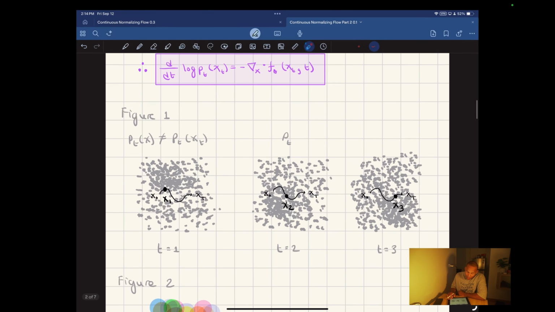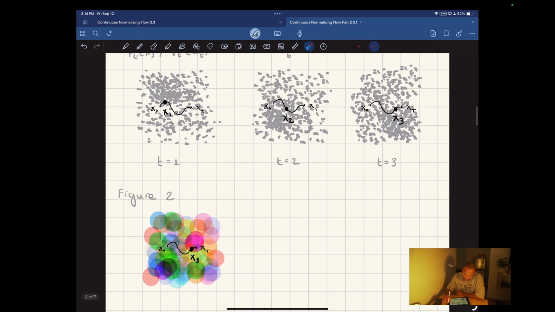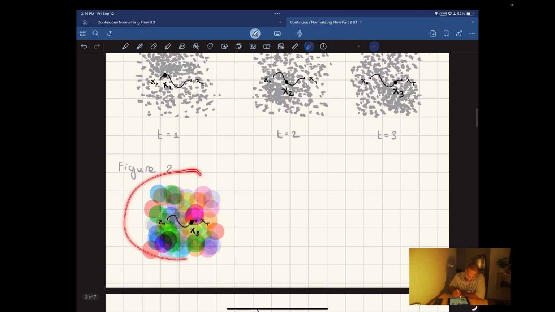Actually, before that, I wanted to discuss a different image. Last time I had this image where I tried to simulate a color spectrum by using these discrete overlapping color circles, and I tried to use that to model density.